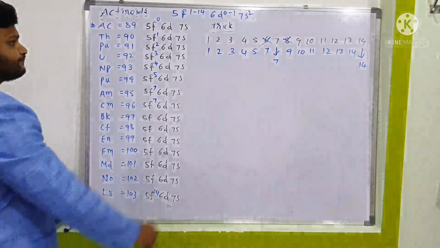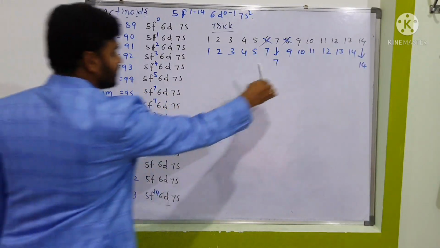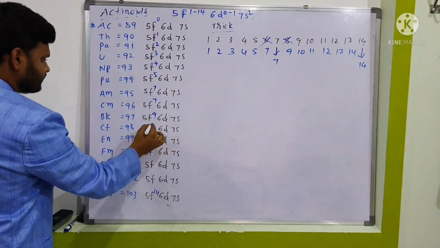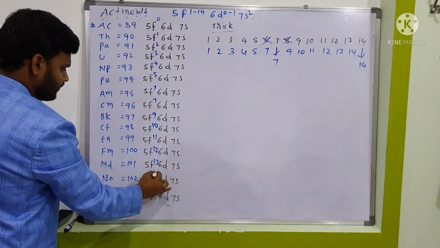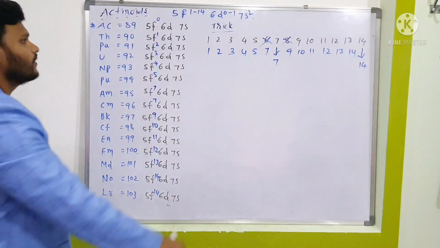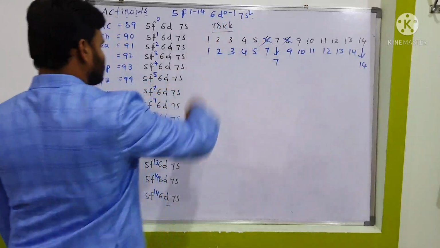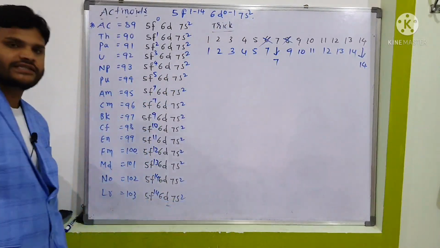Same logic. Next 9. This is the sequence: 10, 11, 12, 13, 14, last one 14. Is it clear? Next, don't change this one, 7s2, in every case 7s2 only. 2, 2, 2. Is it clear?